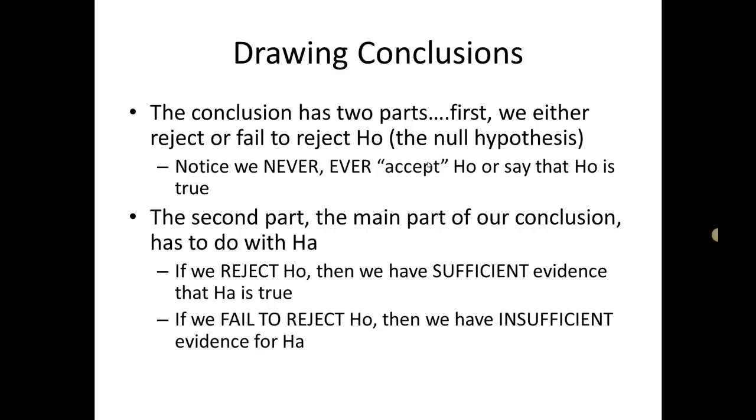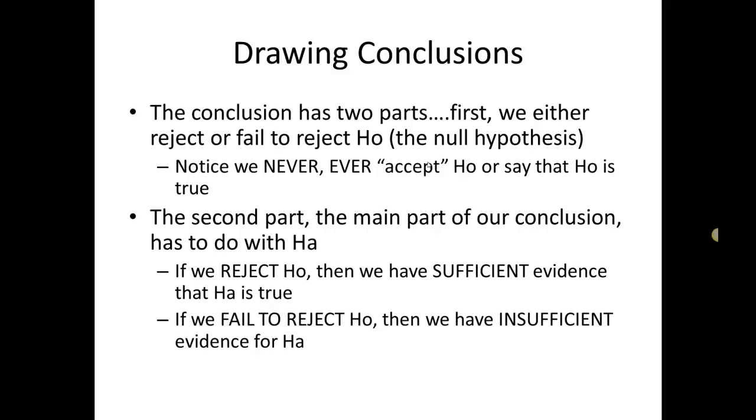So if in the first part we reject the null hypothesis, that means that we have sufficient evidence that the alternative hypothesis is true. And if we fail to reject the null hypothesis, that means that we have insufficient evidence for the alternative hypothesis.